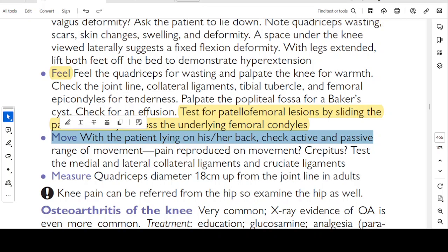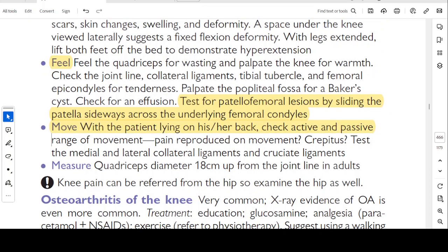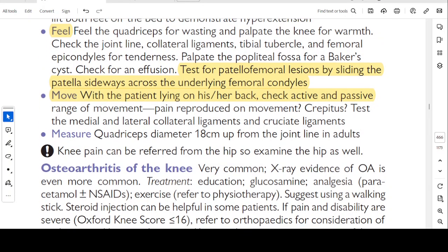Move. Move with the patient lying on his back. Check active and passive range of movement. Pain reproduced on movement. Crepitus. Test the medial and lateral collateral ligaments and cruciate ligaments. You need to check the collateral ligaments and the cruciate ligaments when the patient is in the lying down position. Measure.